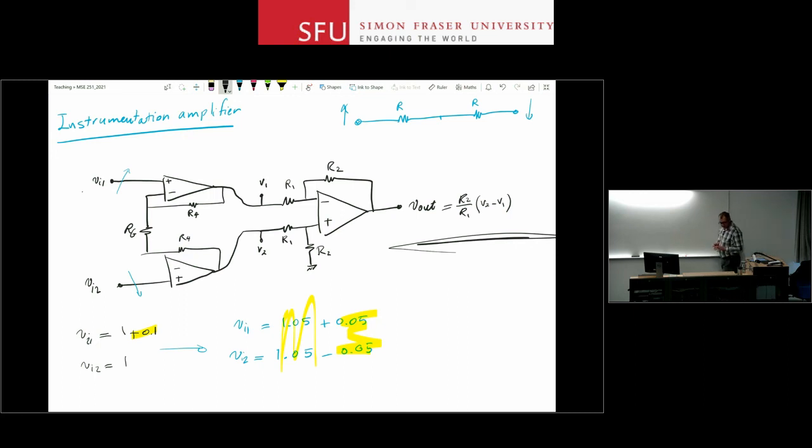And practically, when it is used, RG is basically divided into two series resistors, RG over 2, and then basically you have your input gains and some voltage gain for each one of the two amplifiers, and you have your difference amplifier next.